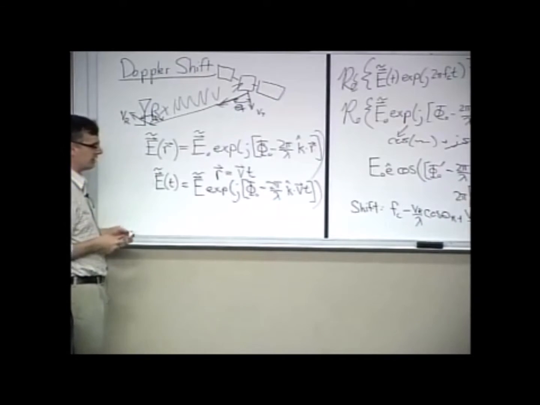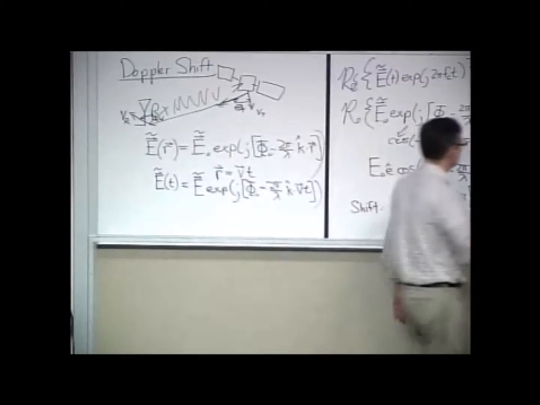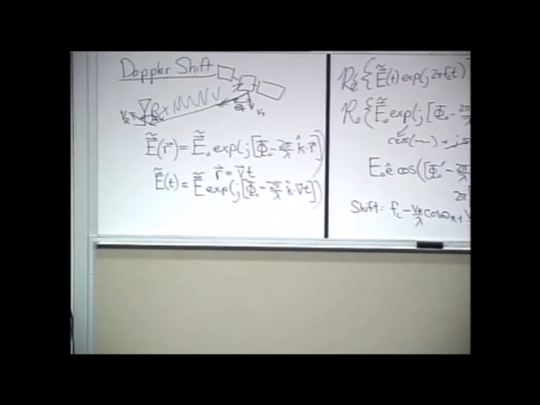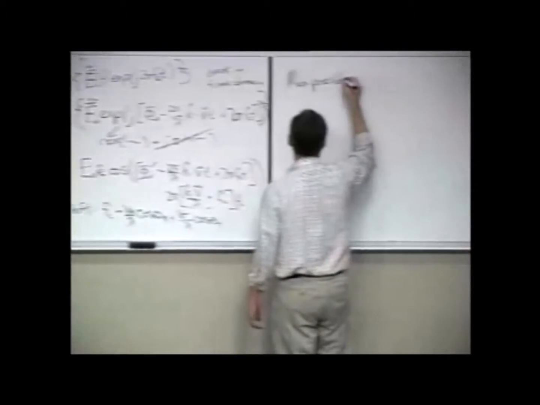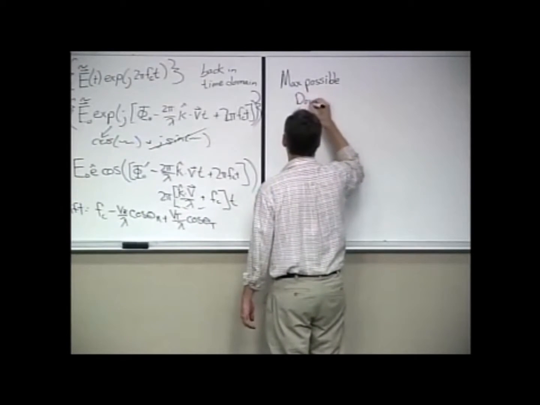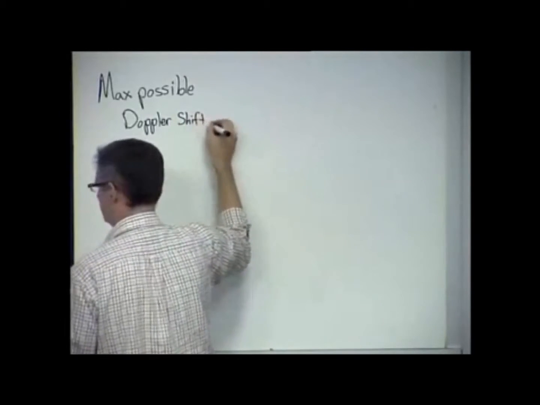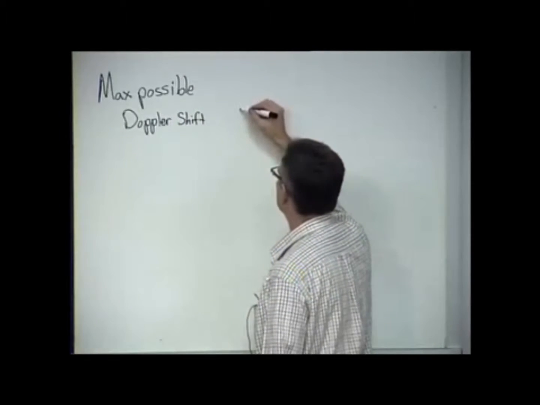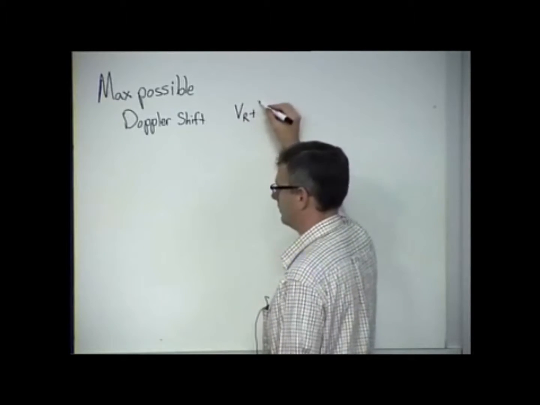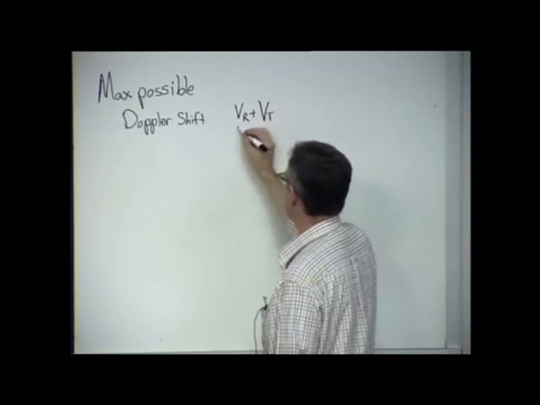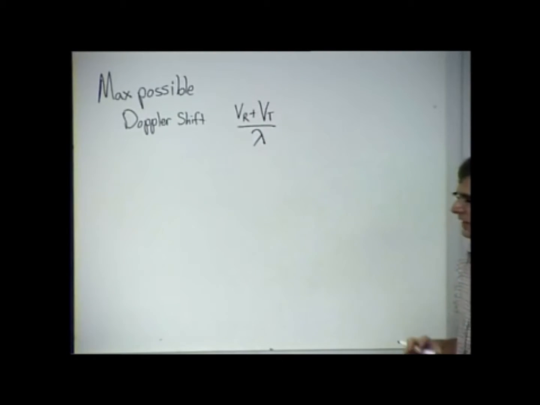And so this is a really helpful general formula. And in fact, the maximum possible Doppler shift is going to be, in either direction, positive or minus, VR plus VT over lambda.